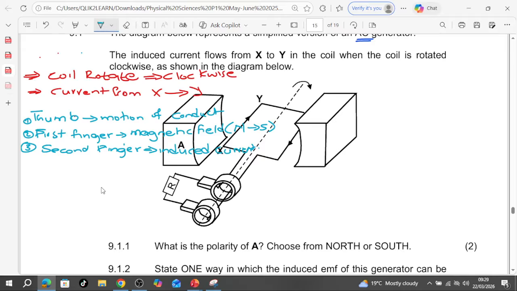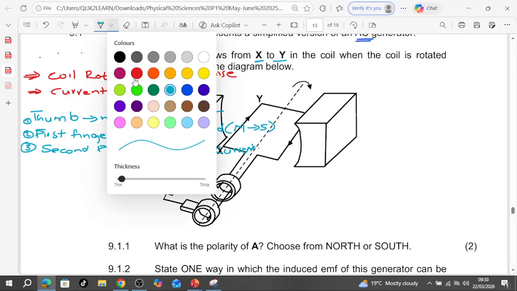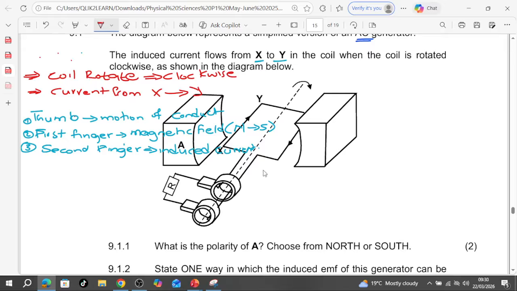Now look at this. We said for the current to move from X to Y, the magnet on the right will be my north. So this is my north, and then this will be my south.